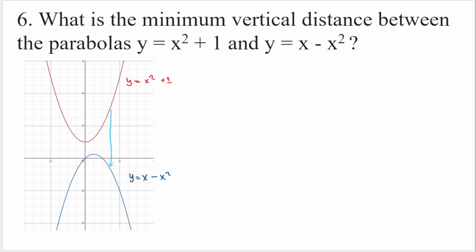So it can be here, it can be here, or anywhere else. And they ask for the minimum vertical distance, right? Maybe around here, my feeling. Okay, I don't know. But we know exactly that we can calculate the vertical distance.